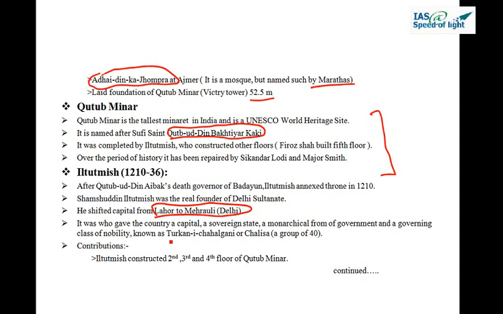That is a group of 40 nobles. We will see how this Chalisa became controversial in the history of the Delhi Sultanate.